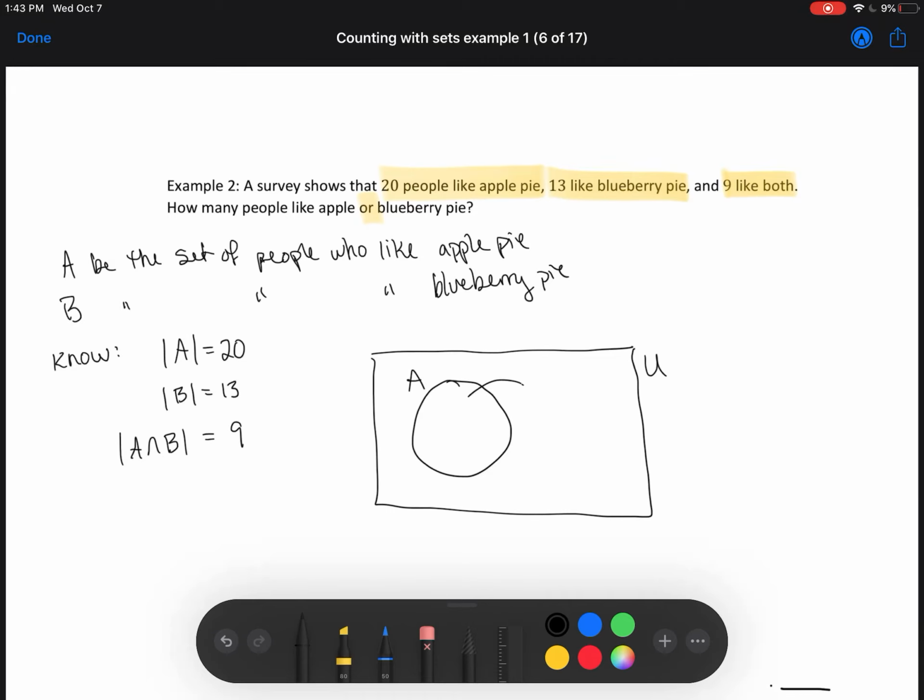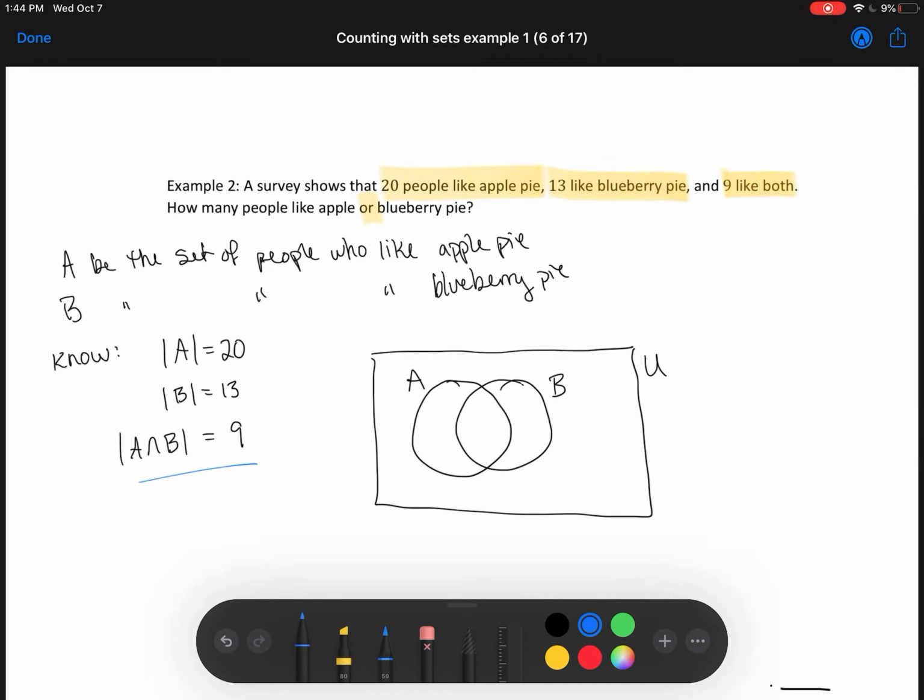And then we have a circle for the set A and a circle for the set B. In this Venn diagram, instead of shading in the regions, we are going to fill in the regions with numbers. The numbers are going to correspond to how many people like each type of pie. And we're going to start with the number of people that like both.